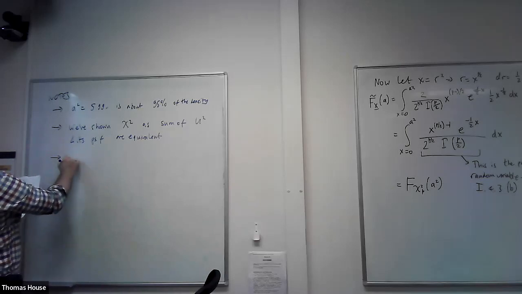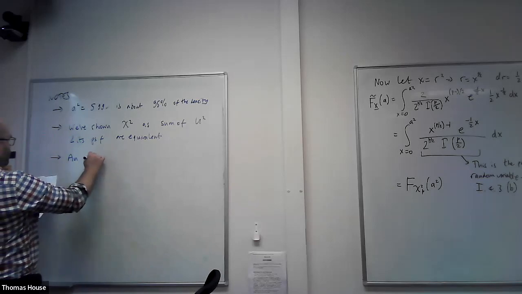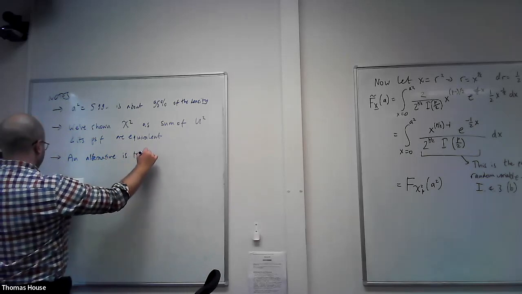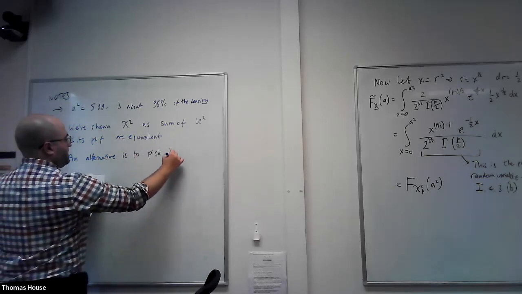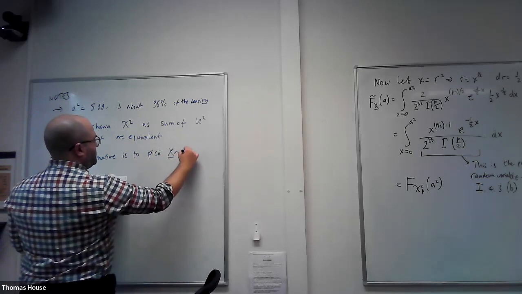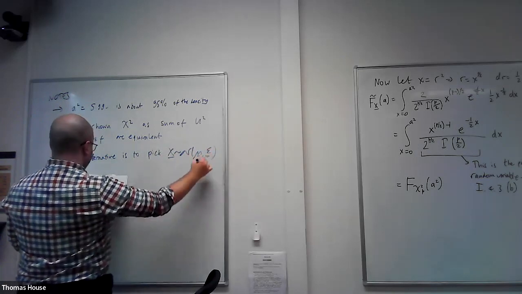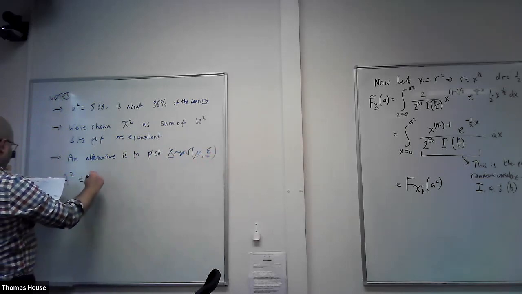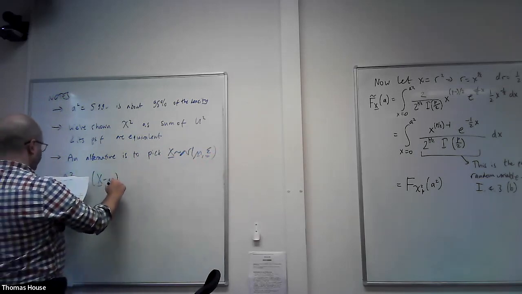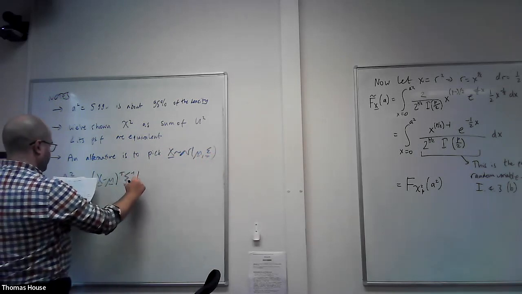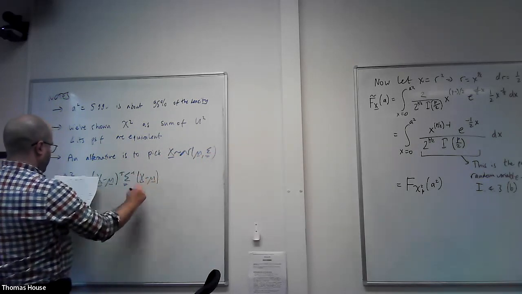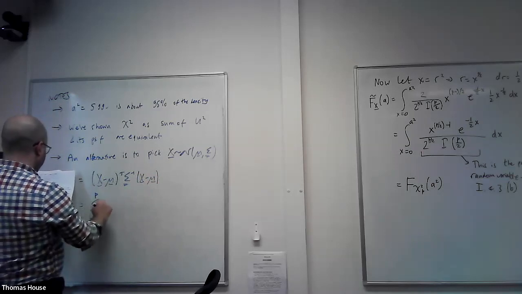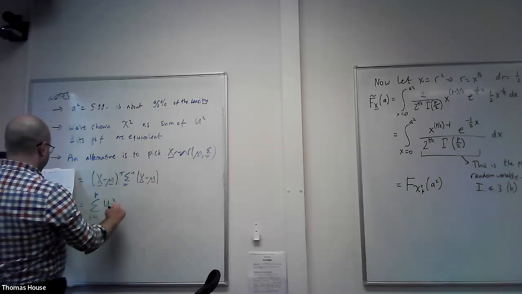But the other thing is the alternative route is to pick x randomly from the normal with mean and sigma. Then a squared equals the sum from i equals 1 to p of ui squared.